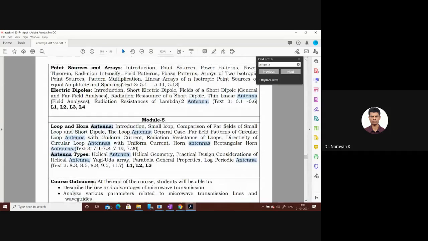Okay. See, this is what we are doing. Right now, we are doing introduction, short electric dipole introduction, fields of a short electric dipole, general and far field cases. Then we'll be doing radiation resistance of short dipole, thin linear antenna, radiation resistance of lambda by 2 dipole. So I am doing now fields of a short electric dipole, general and far field cases. This is the exact topic I am trying to do.